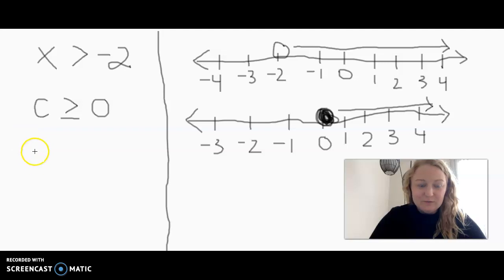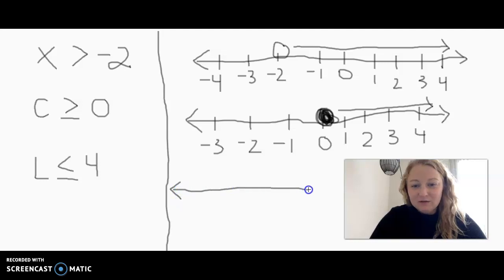Let's try one more. Let's do an L for Luca. L is less than or equal to 4. Again, as I draw my shaky number line, I want you to be thinking about some possibilities of what our variable L could be equal to if it's less than or equal to 4.